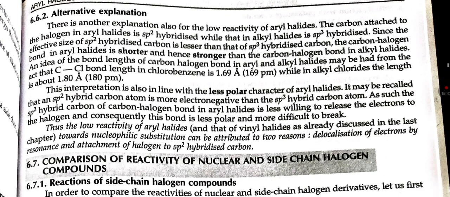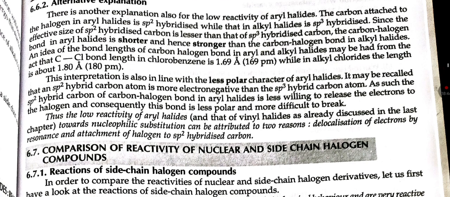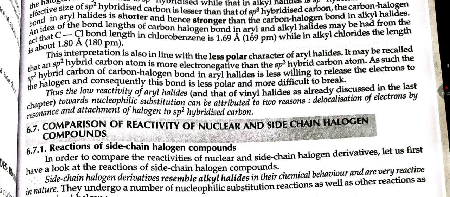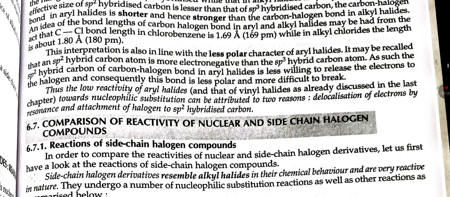Alternative explanation. There is another explanation also for the low reactivity of aryl halides. The carbon attached to the halogen in aryl halide is sp2 hybridized, while that in alkyl halide is sp3 hybridized. Since the effective size of an sp2 hybridized carbon is smaller than that of an sp3 hybridized carbon, the carbon halogen bond in aryl halide is shorter and hence stronger than the carbon halogen bond in alkyl halide.